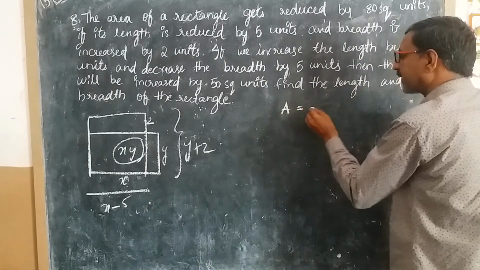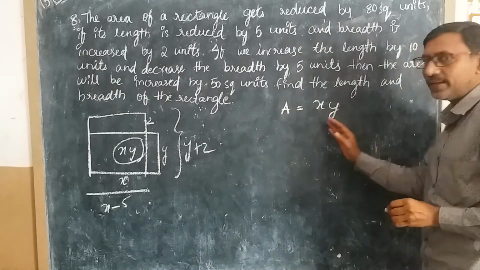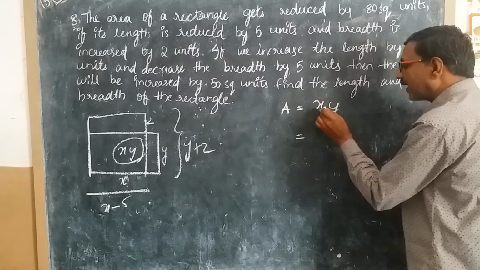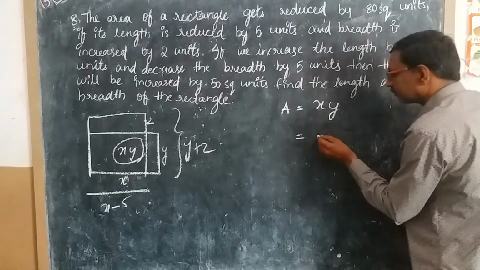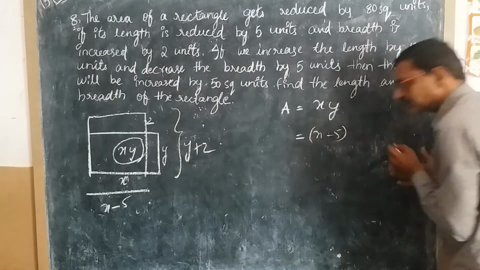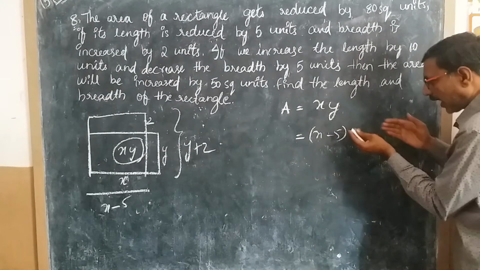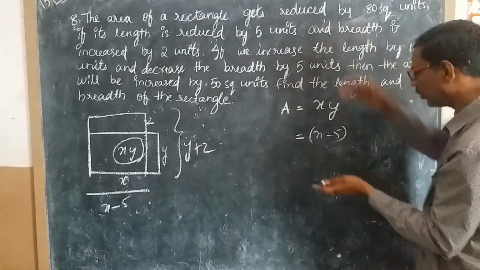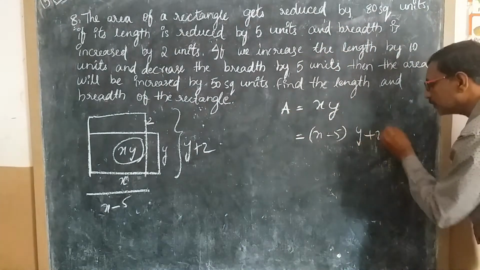So area of the rectangle, I defined as x into y. Now I will write length is reduced by 5 units. That means x minus 5 times, and my breadth is increased by 2 units. That means y plus 2.